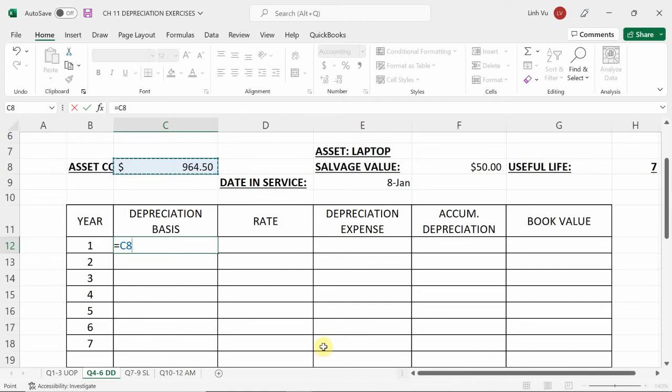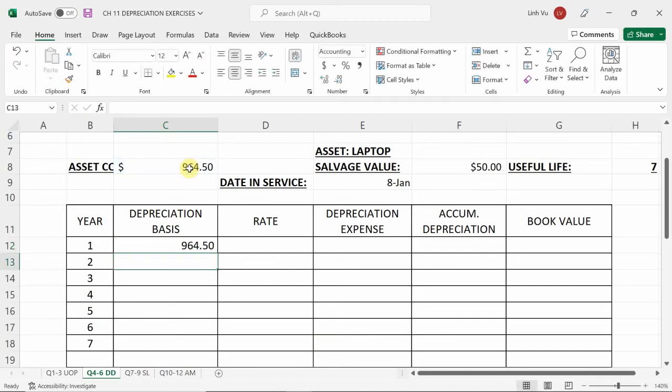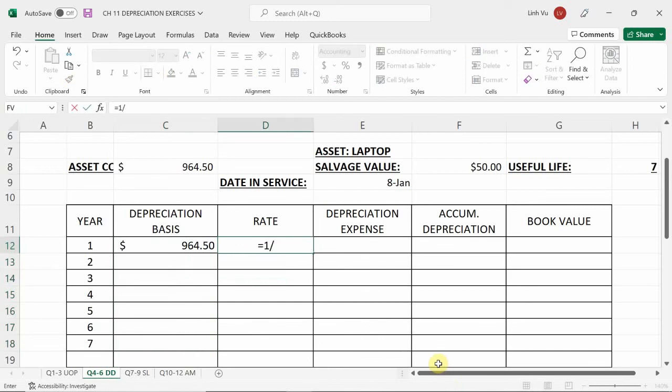Since I never depreciated at all, and it's my very first time, it's going to be $964.50. It's going to be my asset cost. Okay. So now, what's my rate again? 1 divided by the year, which would be, what was the useful life? Times 2.